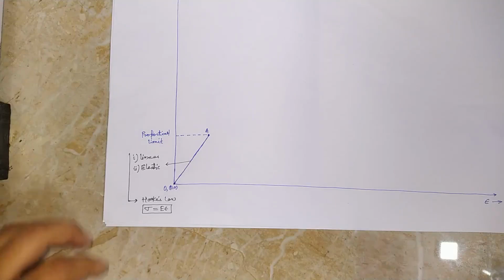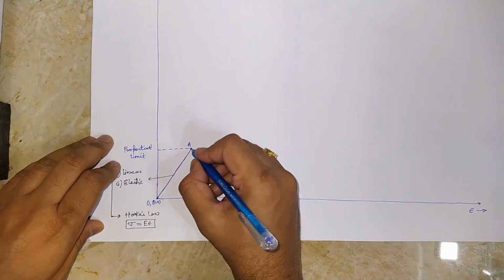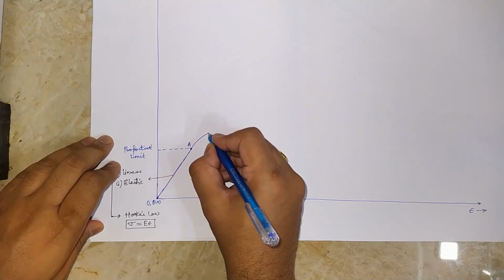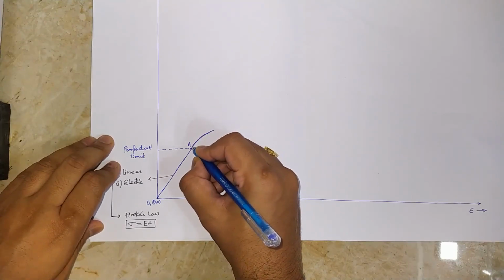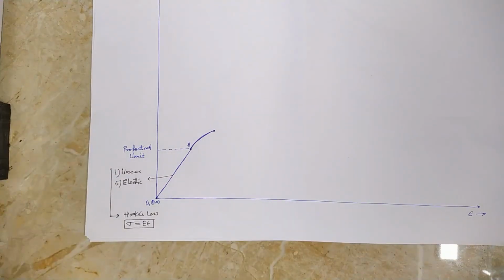Now let us further elongate the material. As we increase the elongation, we find that the specimen does not follow a linear curve, but it is a non-linear curve.